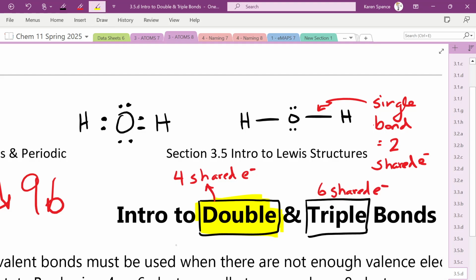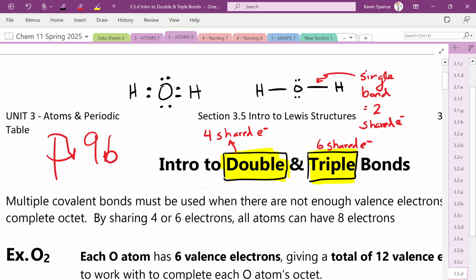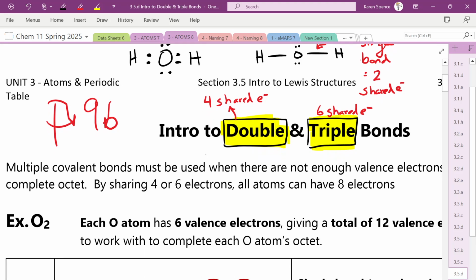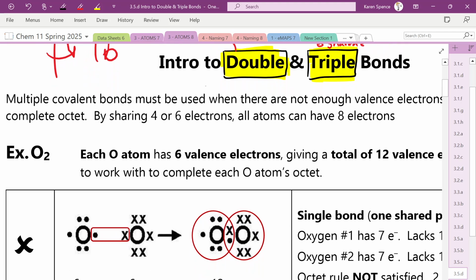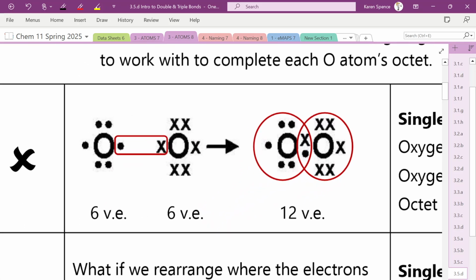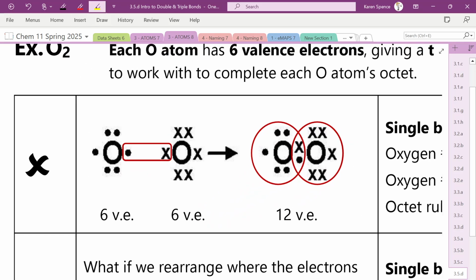Okay, we're on page 96. All right, so here we're going to form an oxygen molecule out of 2 oxygen atoms. And each oxygen atom has 6 valence electrons to work with.